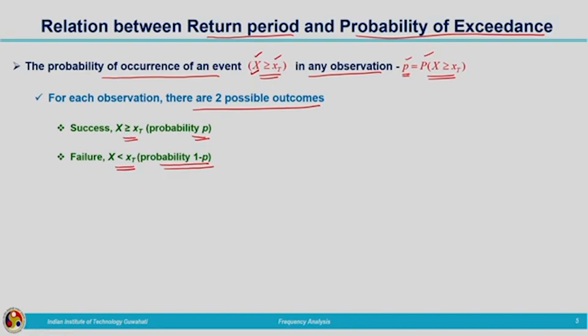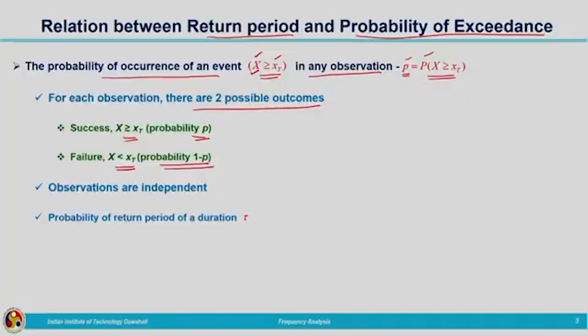So, the probability of an event X greater than or equal to xT is considered as the success, and the failure that is represented by 1 minus p is the non-occurrence of that event, that is P of capital X less than xT. And for these observations, either we will have occurrence or we will have non-occurrence, there are no other cases.